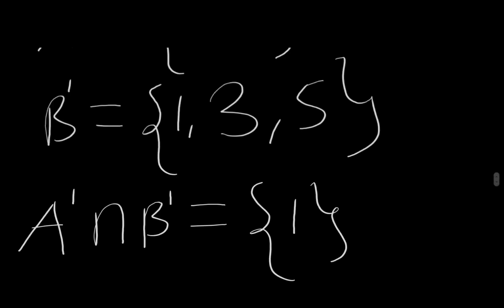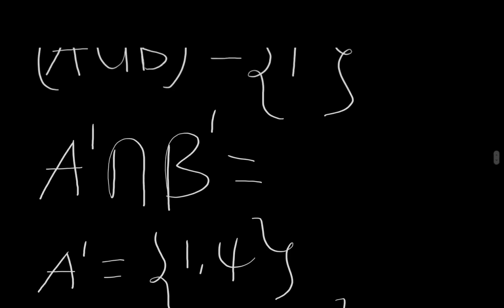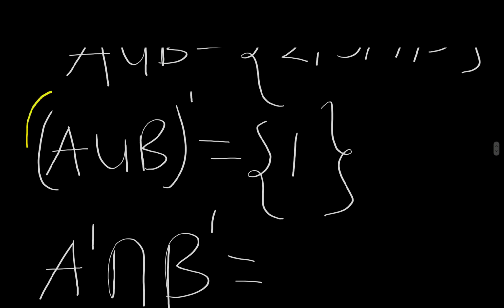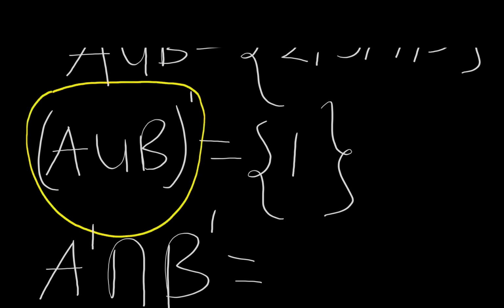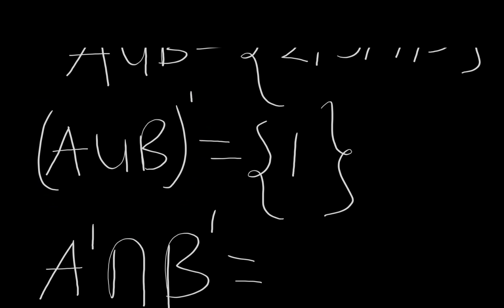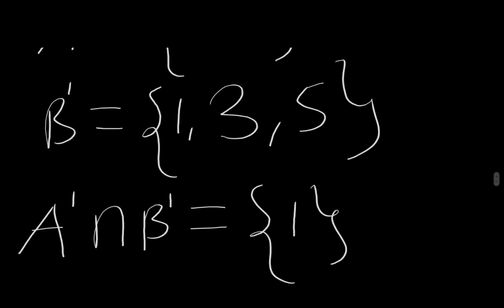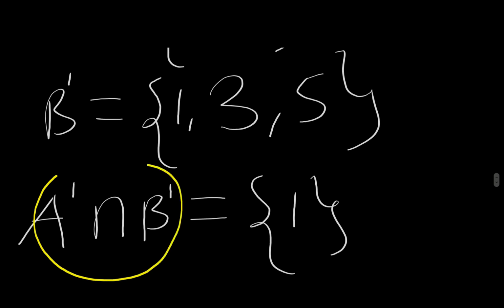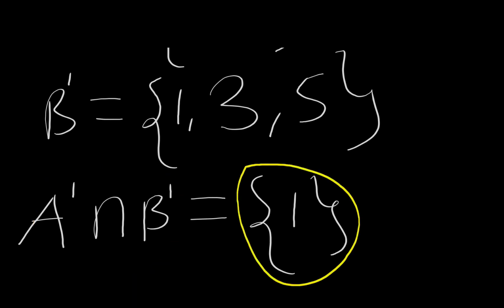As you can see, (A union B) all prime is equal to 1. And also, A prime intersection B prime is also equal to what? 1.